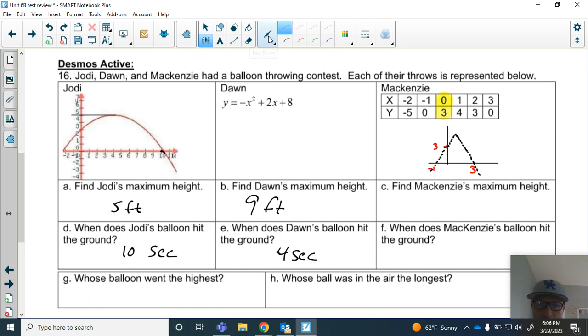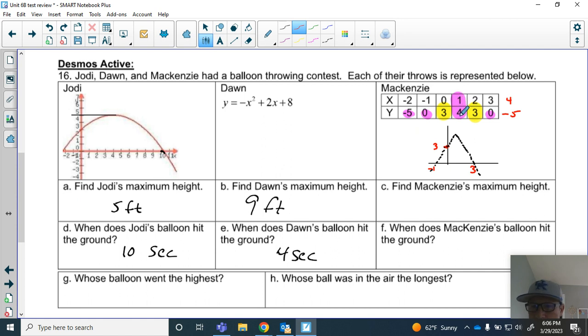And when you see how this (1, 4) is smushed in between the 3 and the 3 on the y's, let me erase the x's so you can see that pretty clearly. You see how there's a number 4 that's smushed in between the two 3's, and then after that it branches out and things are the same on the y, 0, 0. This is -5. On the other side, it would be -5 also. It would be (4, -5).